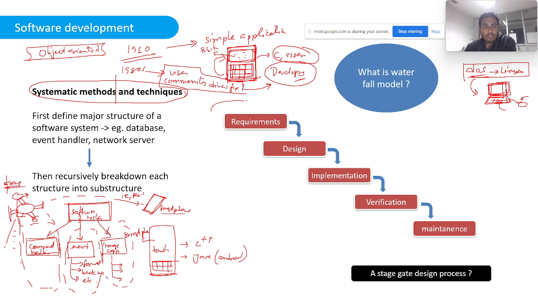An early adoption of such a process is known as the waterfall model. Okay, do you know why it's called the waterfall model?